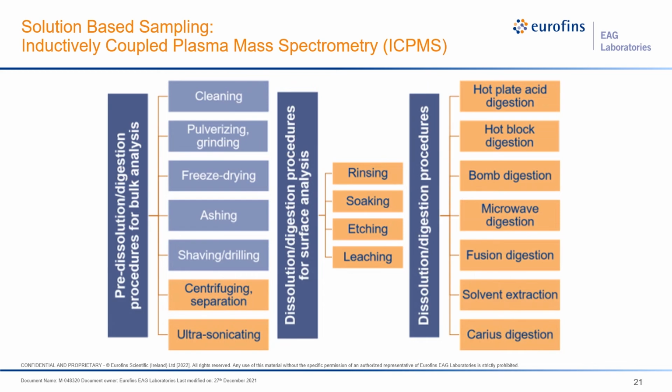Now, sample preparation is very critical for ICP-MS analysis, but also potentially a risky step, as it can be a source of contamination or incomplete digestion. It is also not possible to even digest some materials, such as extremely hard sintered ceramics. But here we have an overview of the more common approaches to sample preparation for solution analysis, with pre-digestion for bulk analysis on the left, strategies for surface sampling in the middle, such as rinsing, and methods used to achieve complete dissolution or digestion of a sample on the right, typically achieved with solvents or acids, such as hydrochloric, nitric, and HF acids.